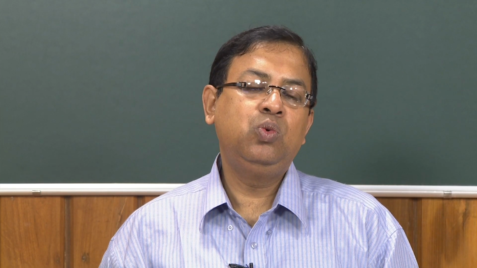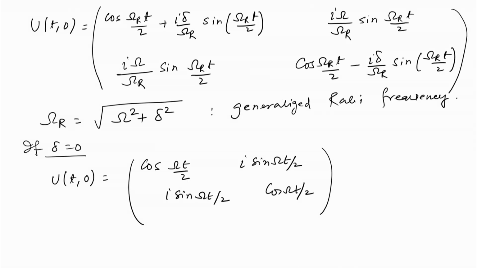In this particular way, this treatment can be generalized to all two level systems. It is just that we need to write down the Hamiltonian and exponentiate it. If the Hamiltonian is written in terms of the Pauli matrices, the exponentiation becomes simpler, and one can simply do it by using this formula that we have given you here.